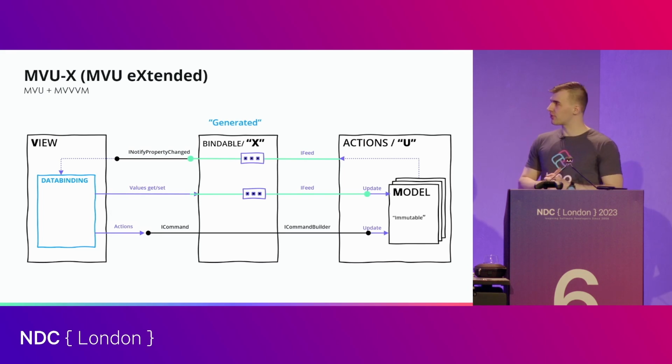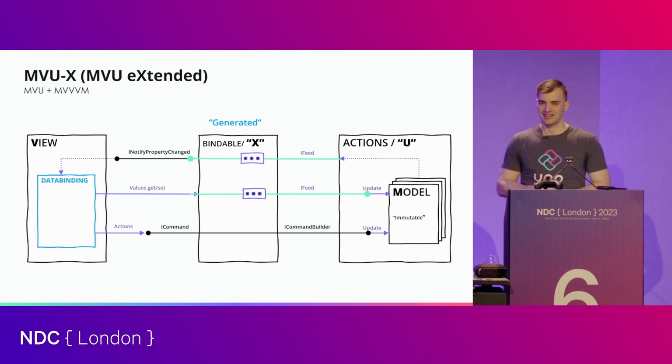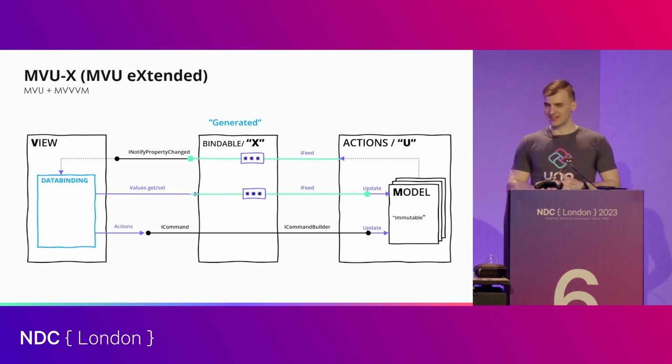And we have also kind of an extended version of the model view update design pattern called MVUX, which extends the MVU pattern with some code generation, which makes working with MVU even better and more efficient than with the classic MVU in other platforms that you know of, like I think MAUI has an MVU version. So this is kind of an extension on top of that.